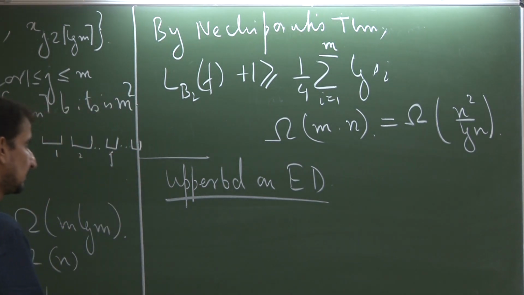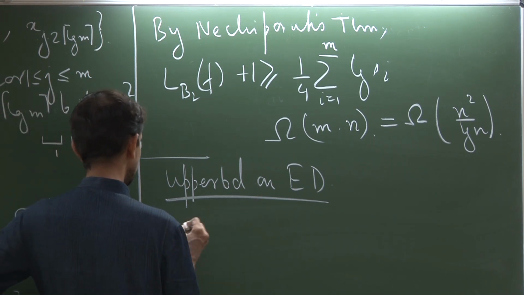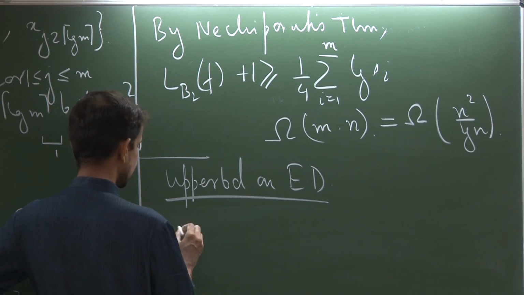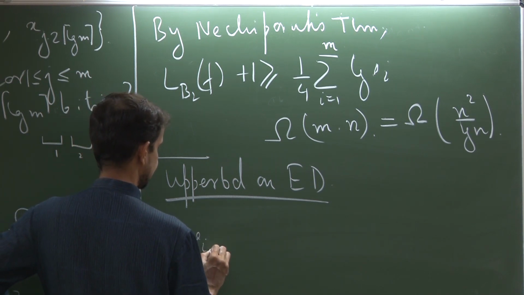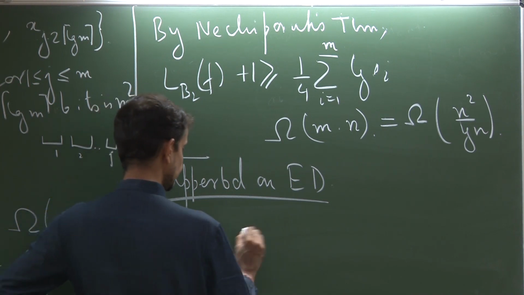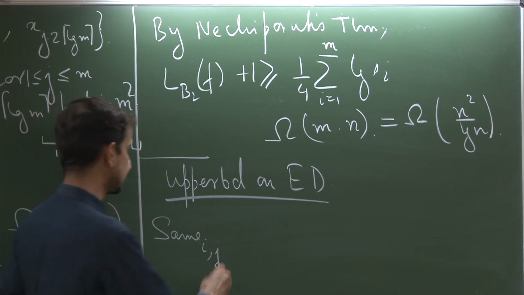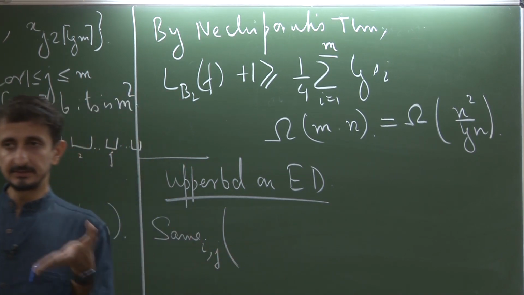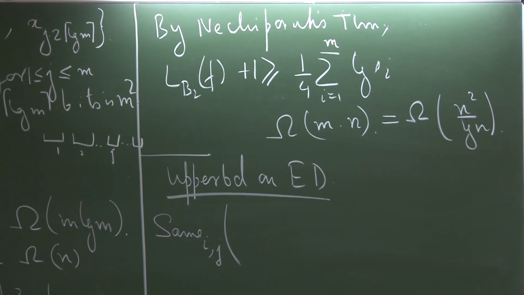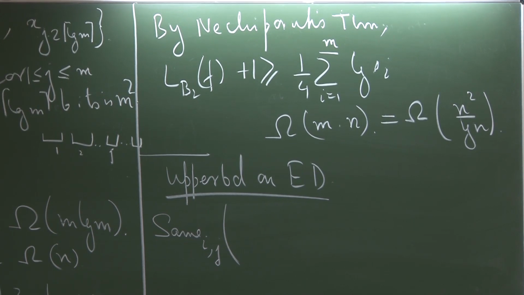This is actually quite easier to see. So consider this function. First I will define a function, let me call it same i comma j. This same i comma j takes the input and evaluates to 1 if the ith and the jth block are the same.